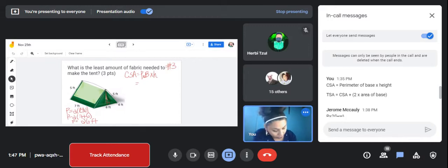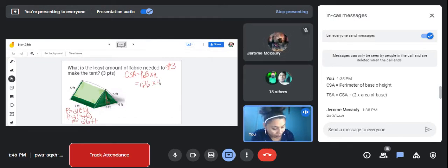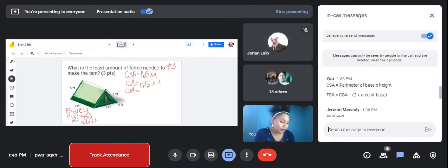So I'm going to put 26 here, and what is the height? 4. Very good. And what is 26 times 4? 104, miss. And this is area, so I have to put feet squared.